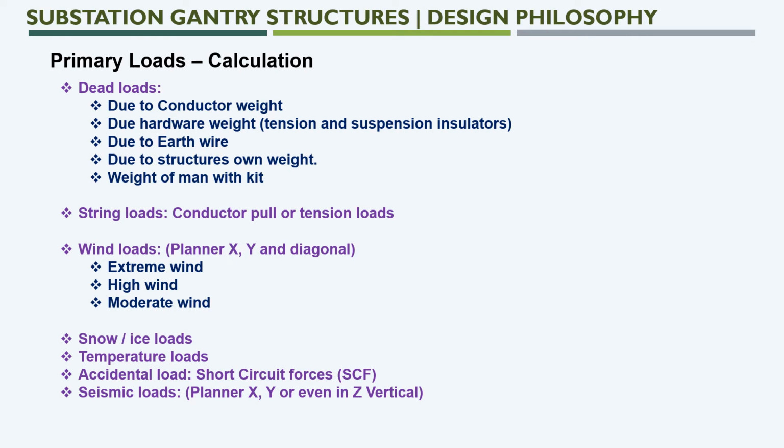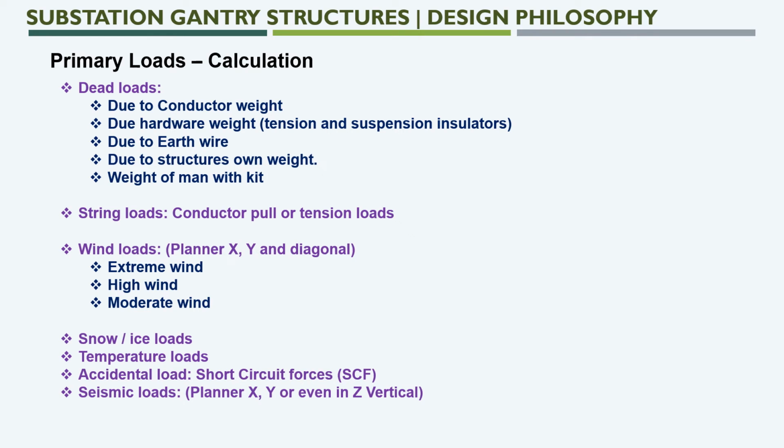Sag is nothing but a sway or a deflection of any conductor. In order to minimize this sag, we need to apply the conductor tension on both the edges, because too much sag will lead to ground clearance issues for conductors. So a tension is to be applied on both sides, so that tension load also we need to consider.